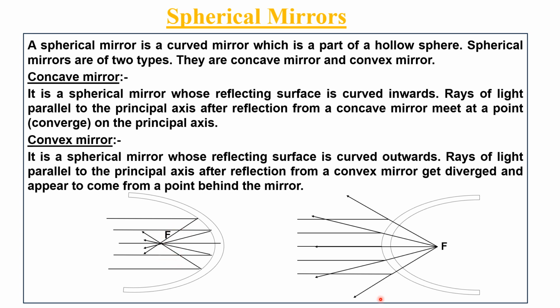A convex mirror is a spherical mirror whose reflecting surface, this is the reflecting surface of the convex mirror, is curved outwards. The rays of light parallel to the principal axis, after reflection from the convex mirror, get diverged and appear to come from a point behind the mirror.